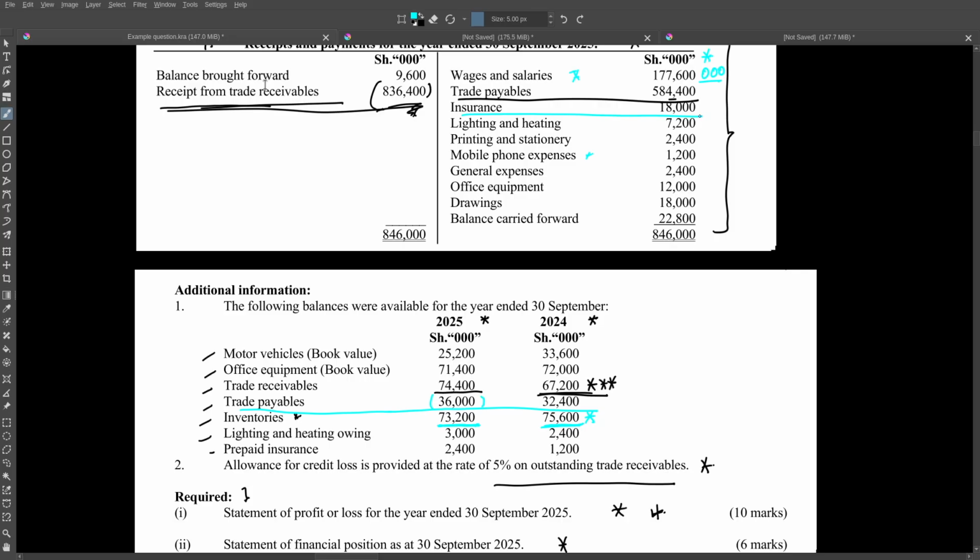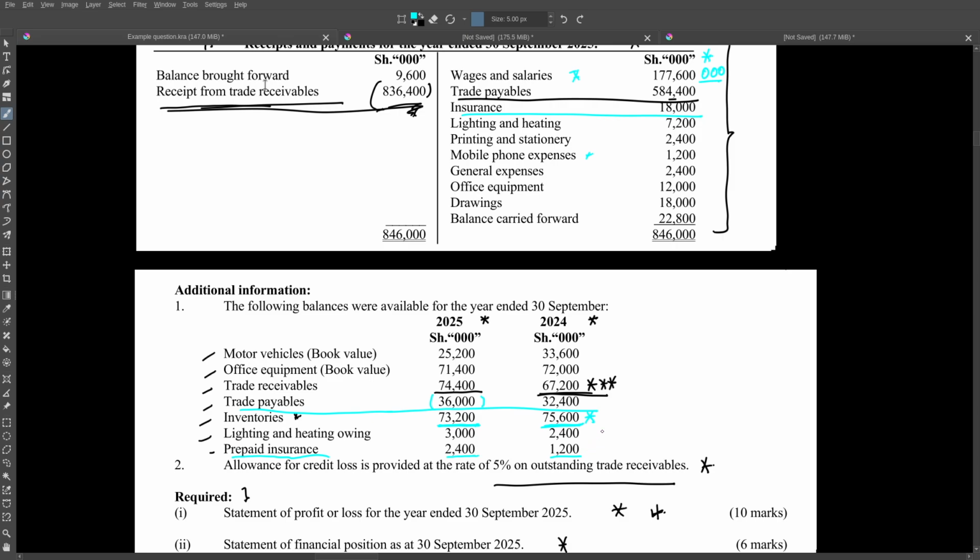But you have to be keen, because if you look at the additional information down here, you can see there is a balance of prepaid insurance of 2,400, and in the prior period there was a balance of 1,200. What does it mean when you have a prepaid insurance?